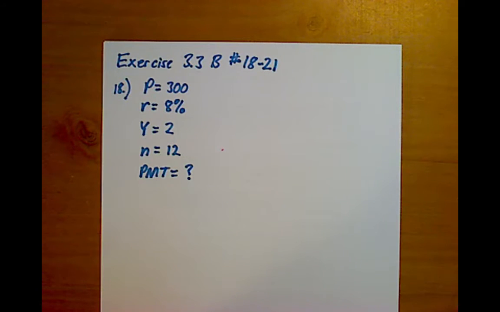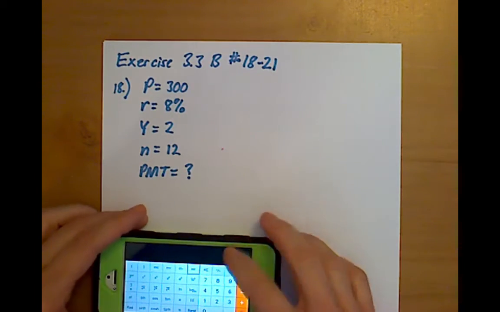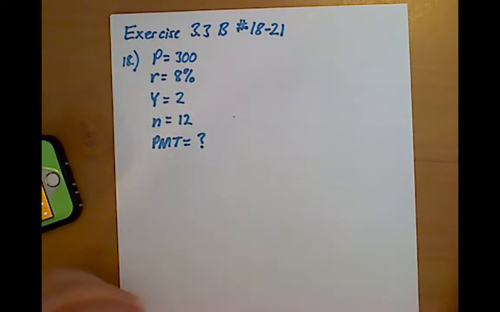For this problem, I'm getting my calculator ready because we're going to need one. My kids lost my scientific calculator, so we're going to use my phone. The formula you use can be found in your reading for 3.3b.